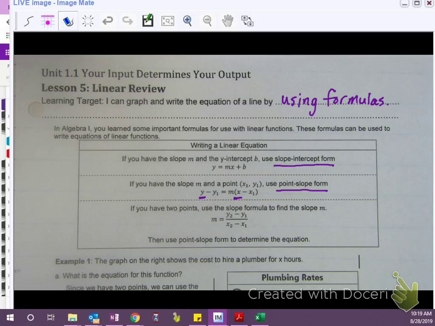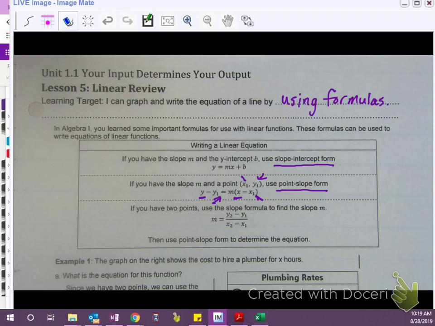So the x1 here matches here, and the y1 here matches here. Those will be substituted with numbers from the point. The slope, you will put in the slope that you've calculated or that you've been given. You'll put that in for the m. But the x and the y, the two variables, have to stay in.